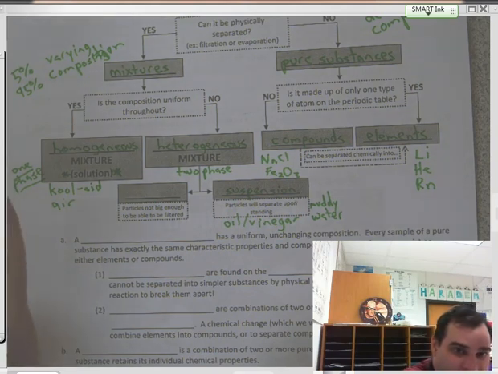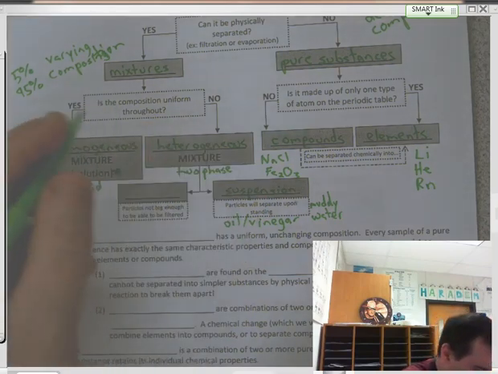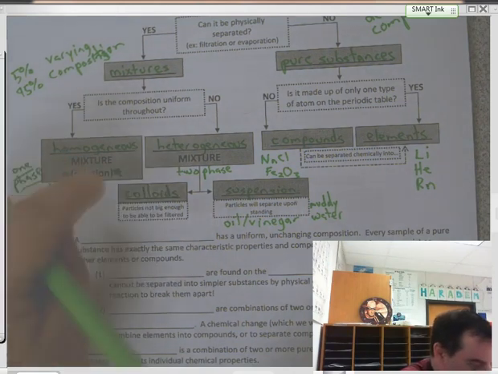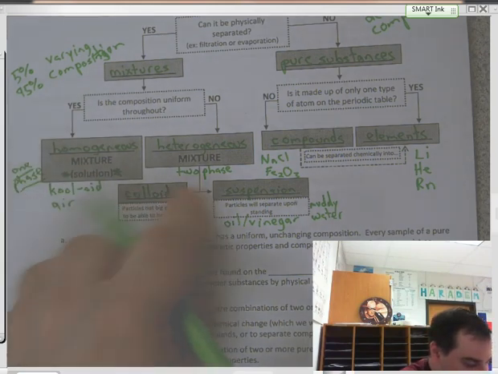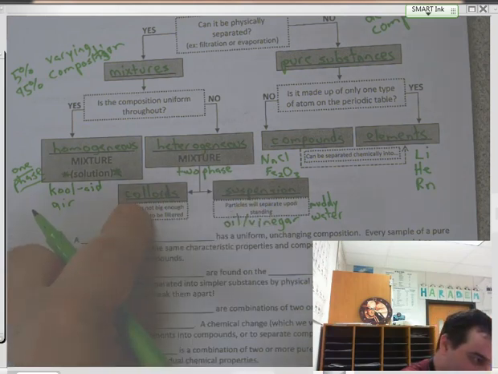Just saying. Okay. Now, some heterogeneous mixtures really don't look like two phases, but they really are, and they're colloids. Suspensions have the biggest particles, so gravity affects them. Gravity works on colloids and eventually separates them after hours and hours.